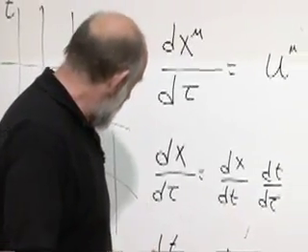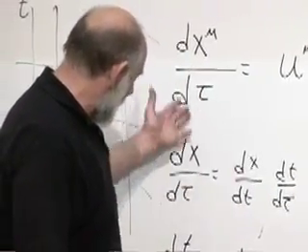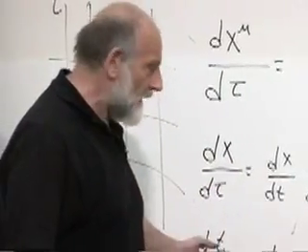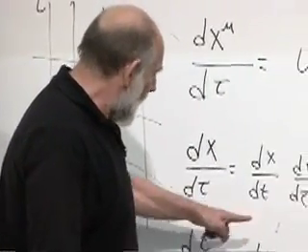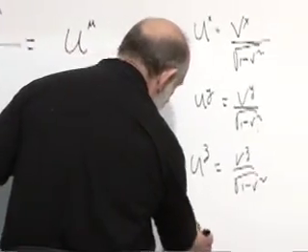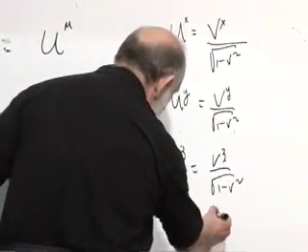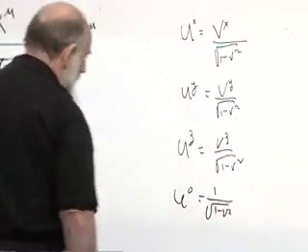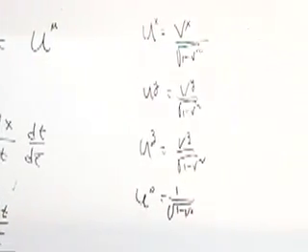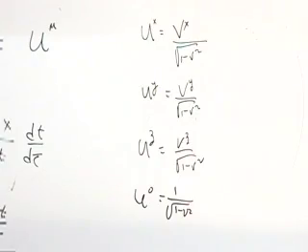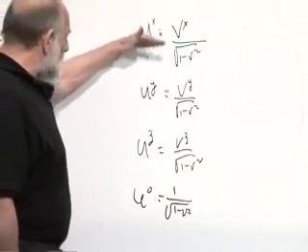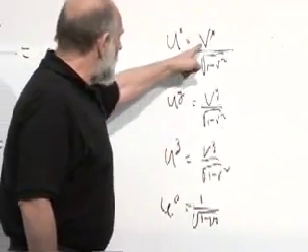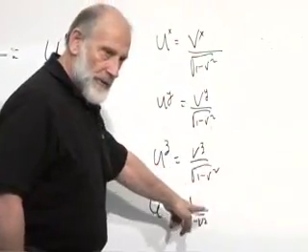That is just u0, which is equal to 1 divided by square root of 1 minus v squared. So here are the 4 components of the relativistic velocity vector in terms of the ordinary velocities.